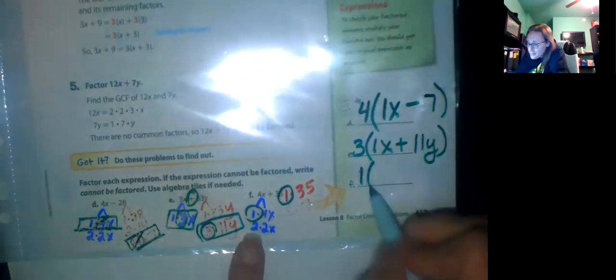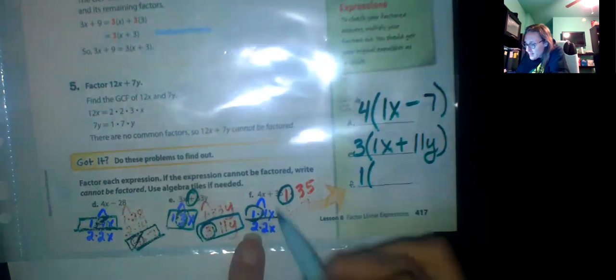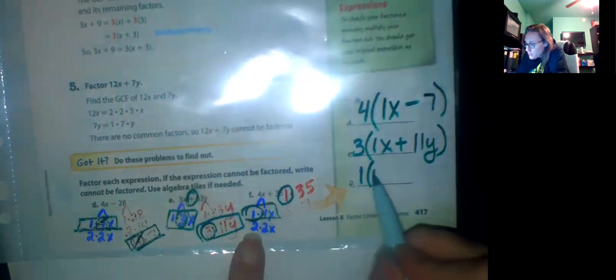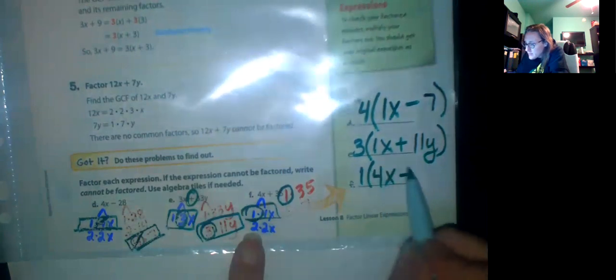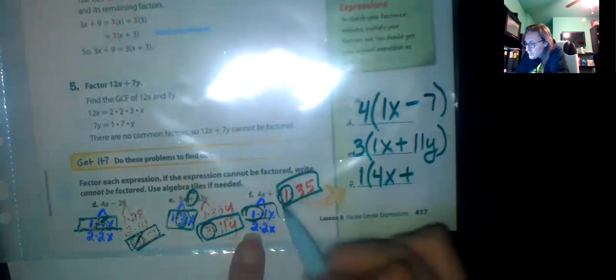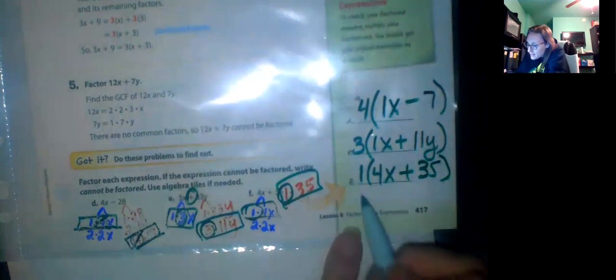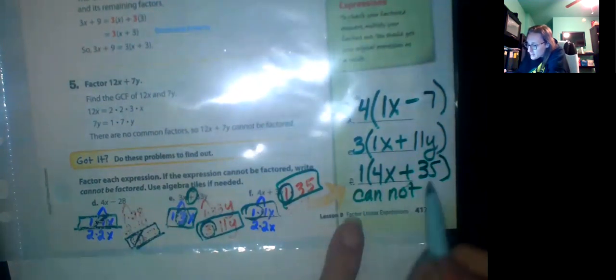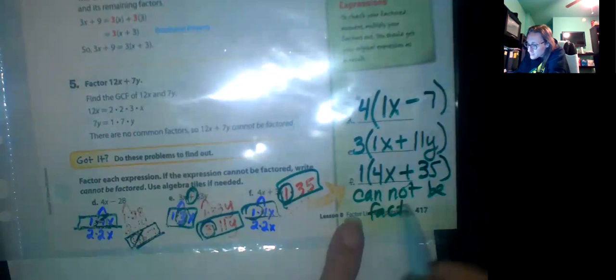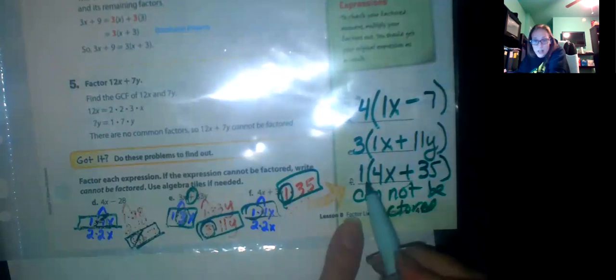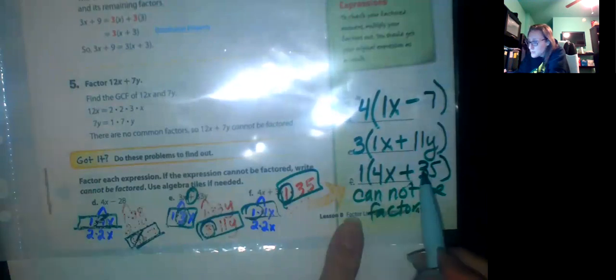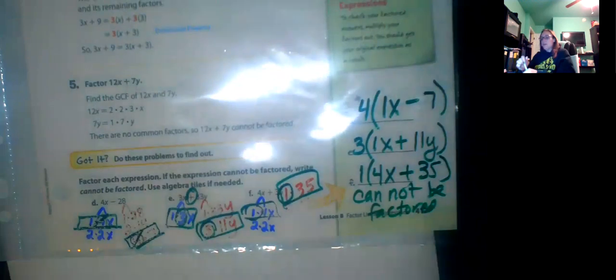So a 1 could maybe come out front, and then what's left? The 4x, and then what's left here? The 35. So in actuality, this cannot be factored? Because 1 didn't change the problem. It still says 4x plus 35. Okay.